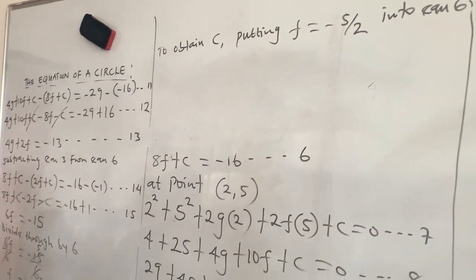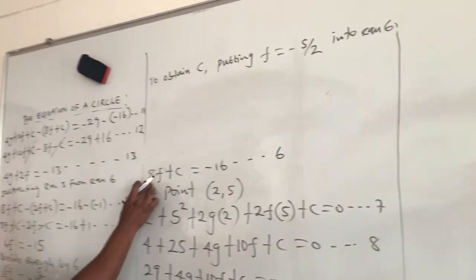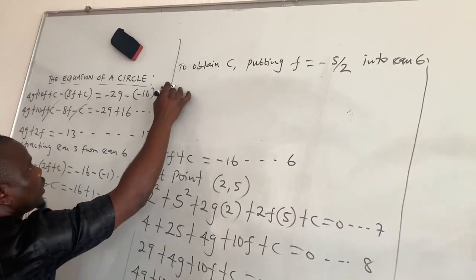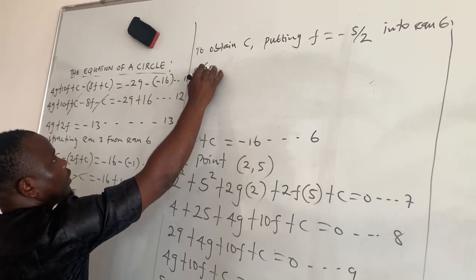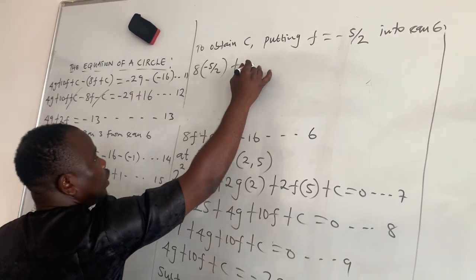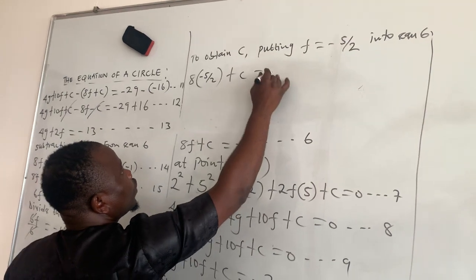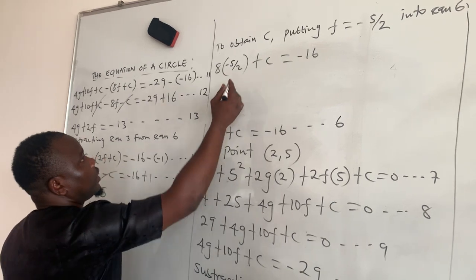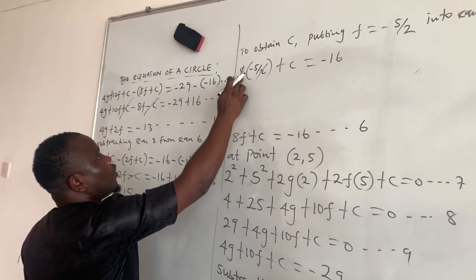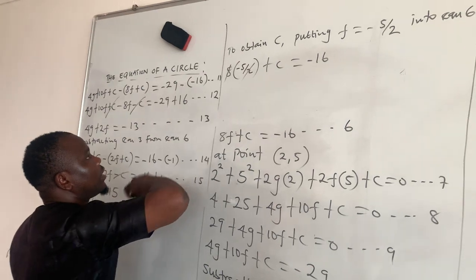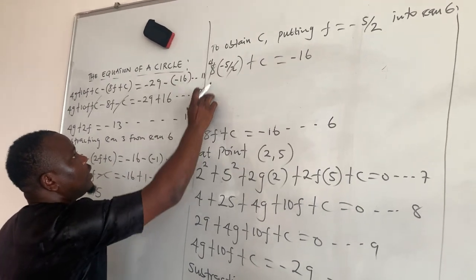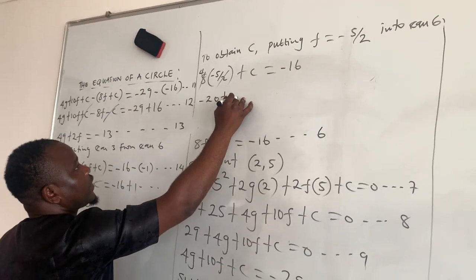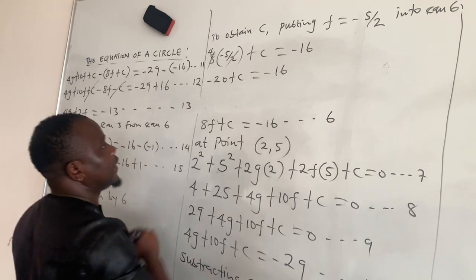This is the equation. So it implies that anywhere you see f is minus 5 all over 2. So it will be 8 on the bracket minus 5 all over 2 plus c equals to minus 16. Then without loss of generality, this and this will go. 4 times minus 5 will give you minus 20 plus c equals to minus 16.